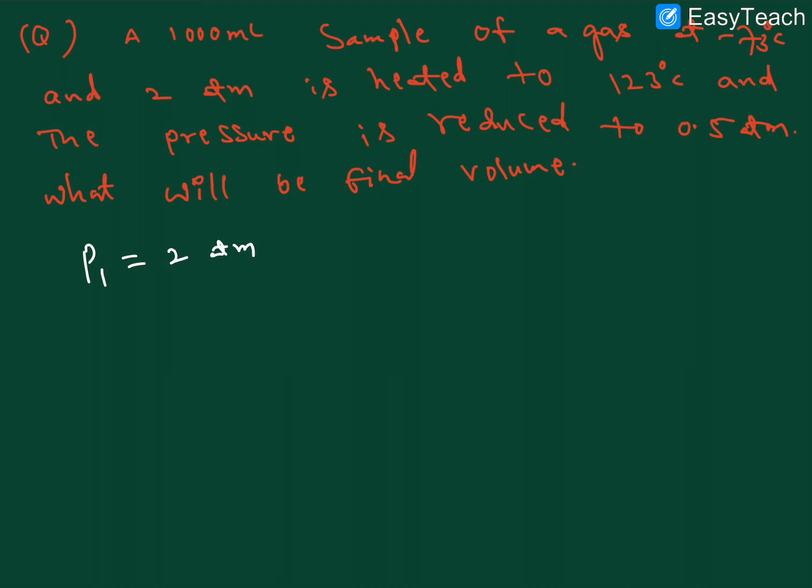So V2 is equal to 2 into 1000 into 400 by 200 into 0.5. How much will we get here?